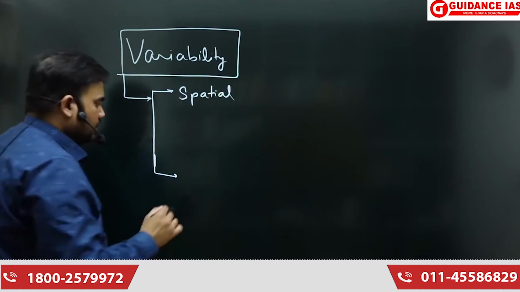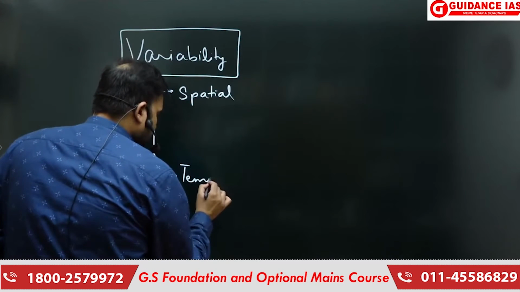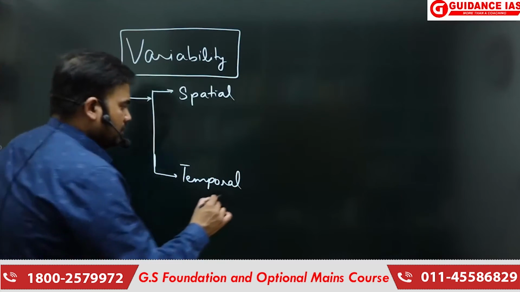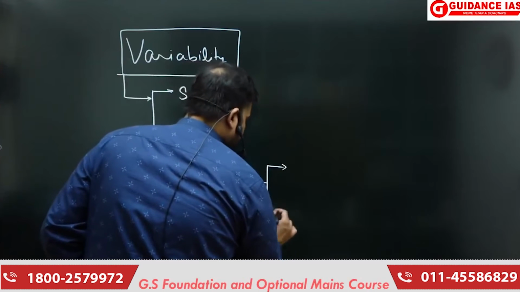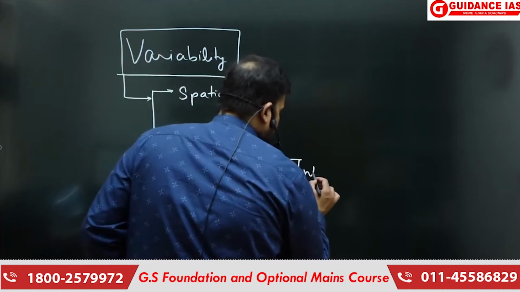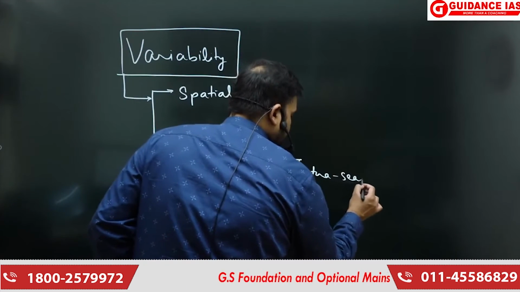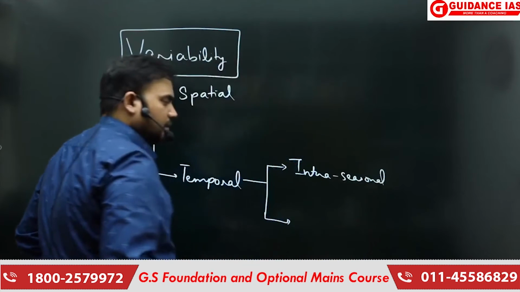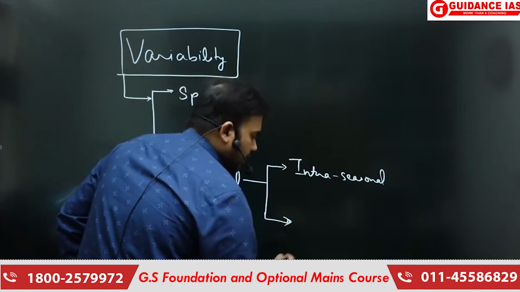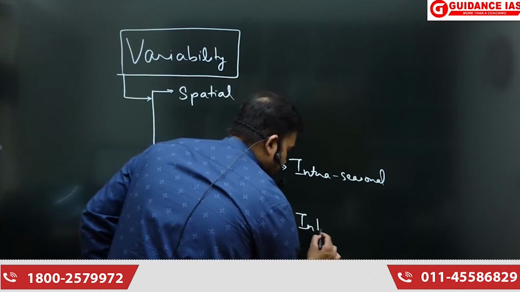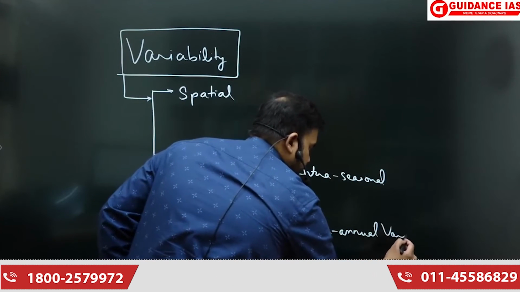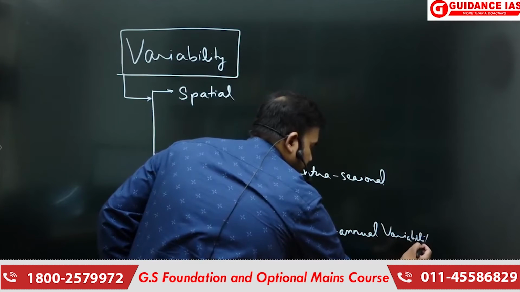Spatial and temporal? Yes or no? In this spatial and temporal, particularly in temporal, there is what we call the intra-seasonal variability, and there is what we call the inter-annual variability.